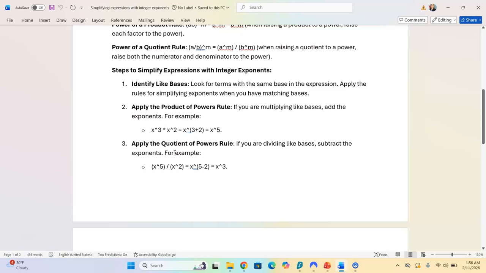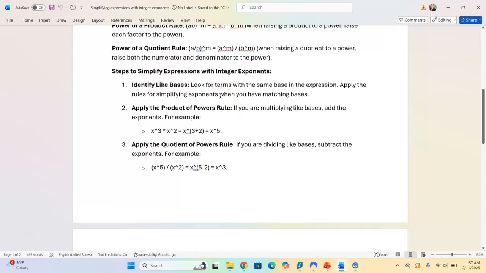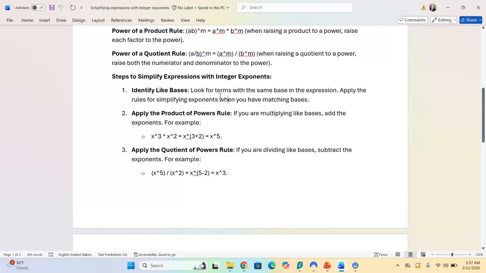So I like to use steps in my notes for you guys because we want to break things down very sequentially, because it might get overwhelming if you're trying to think about every step all at once. So here, for example, you have steps to simplify expressions with integer exponents. So what are we doing? Well, first, simplifying means you're making it as simple as possible.